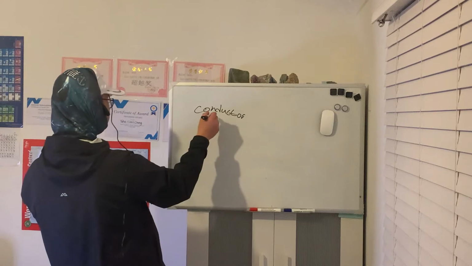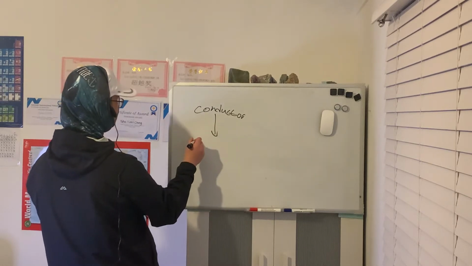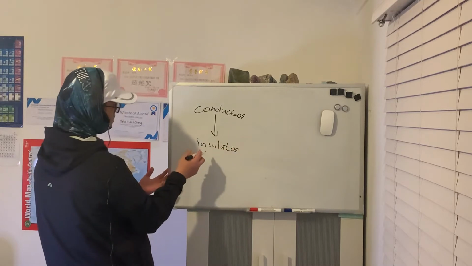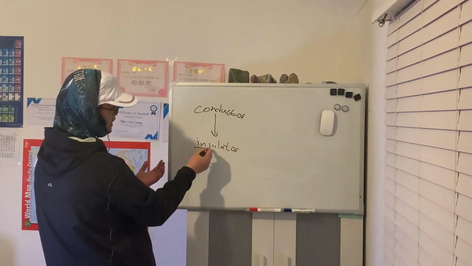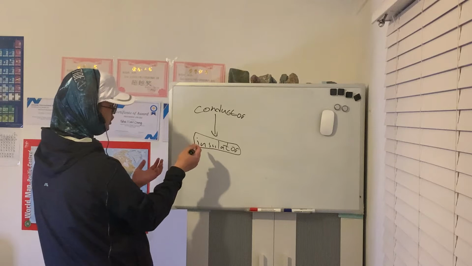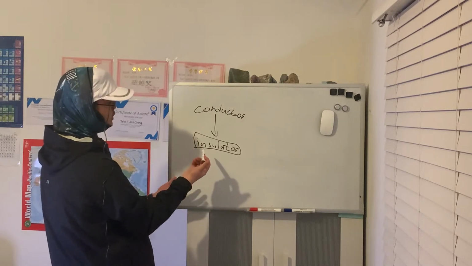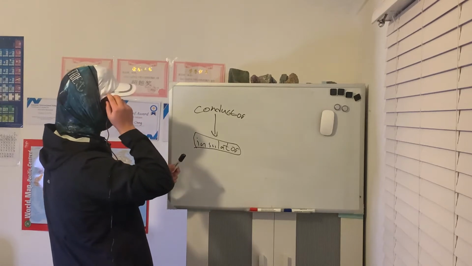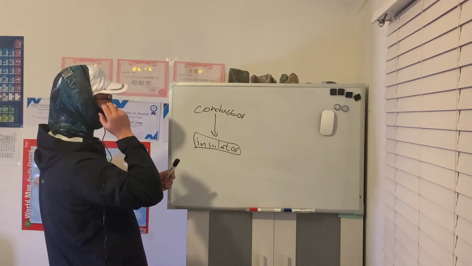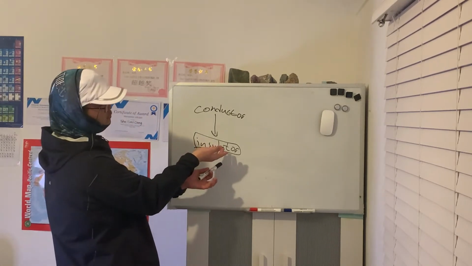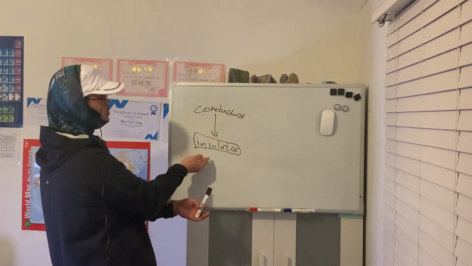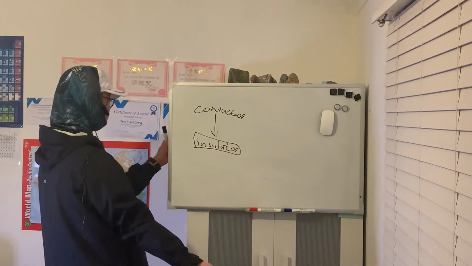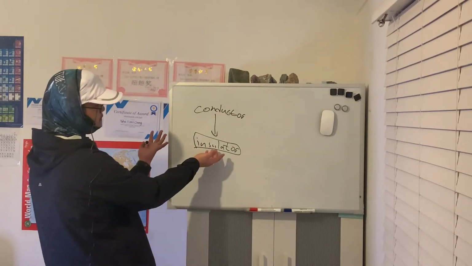And in the opposite, we have insulators, where it's hard to lose electrons. In conductors, electrons are easy to lose, but in insulators, electrons are very hard to lose. Examples include air, wood and rubber.